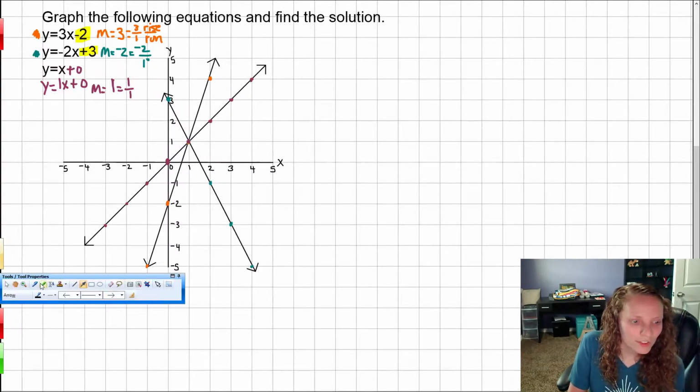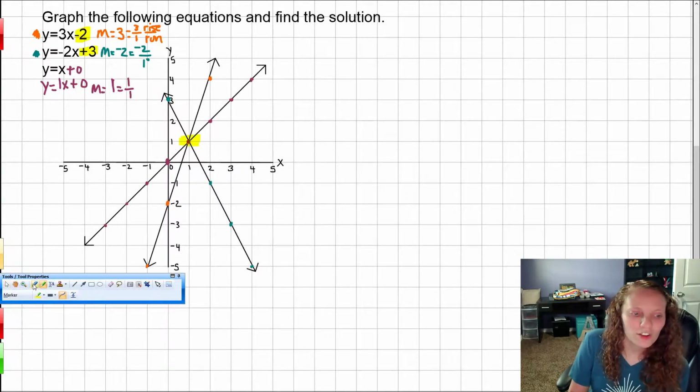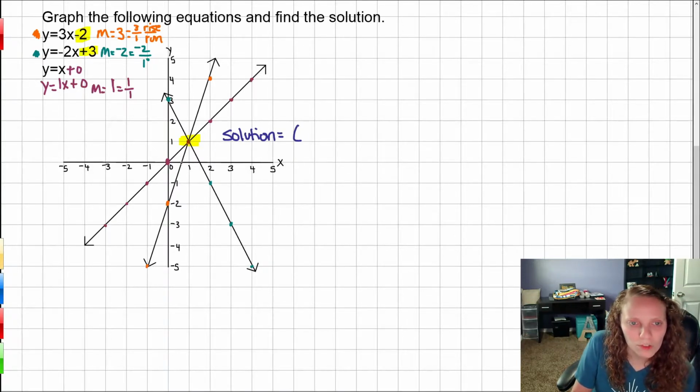And if you notice, all 3 graphs cross in the same point here. And so this is called our solution. So the solution is equal to the ordered pair 1, 1.